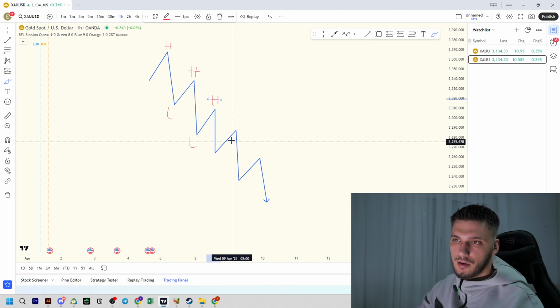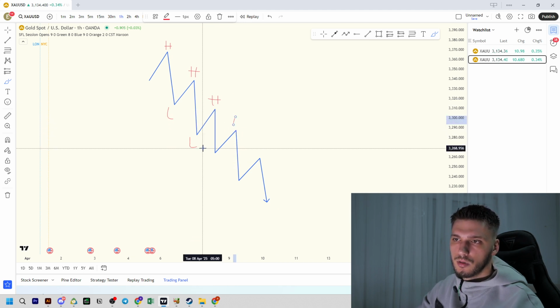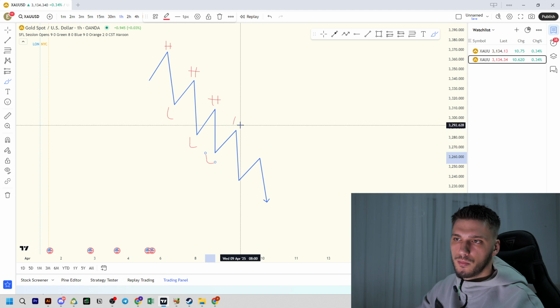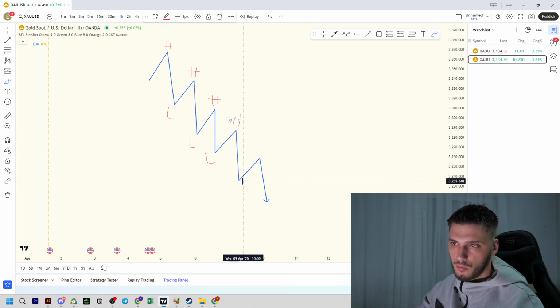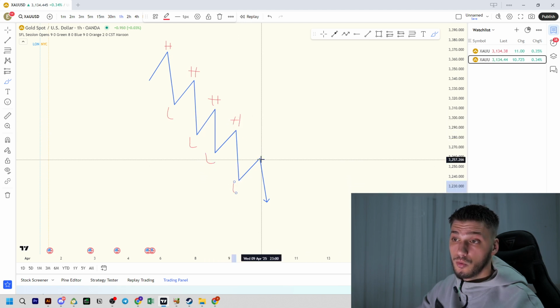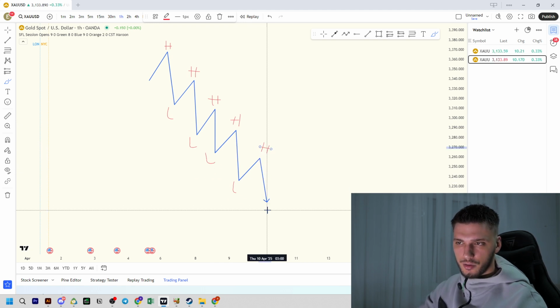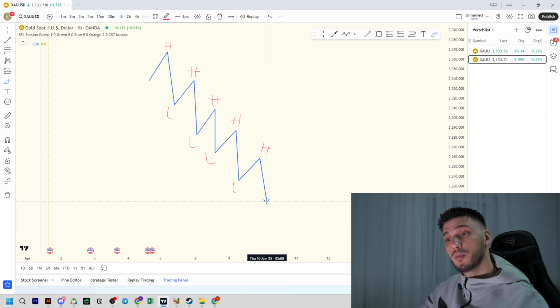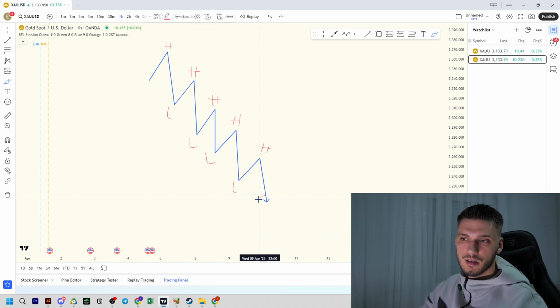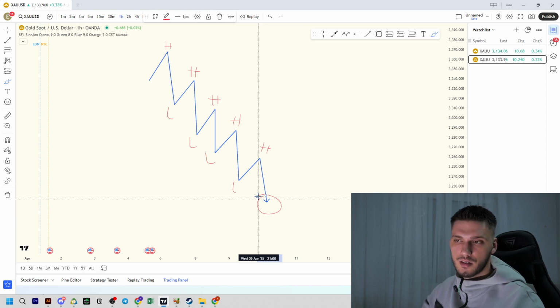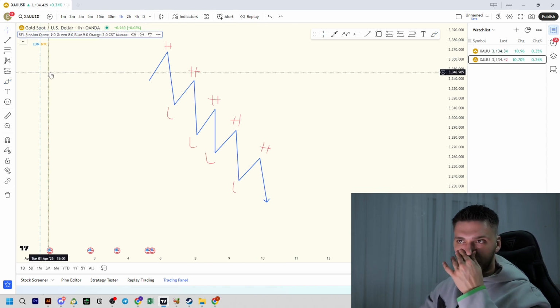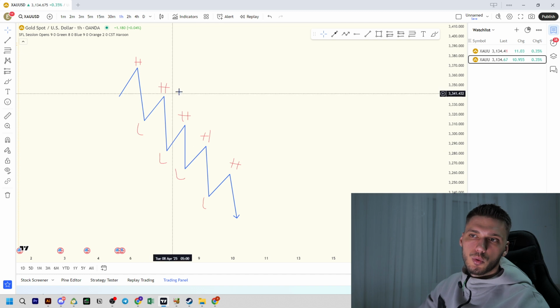A move down, a move up, a low, sorry. Then move up, move down, high. Move down, move up, low. Move up, move down, high, and a move down, but we don't have the second part, which would be move up, for this to be a low. So in this case, we don't have this as a confirmed low yet. This is how it works on the downtrend.